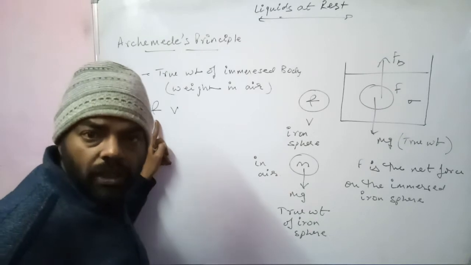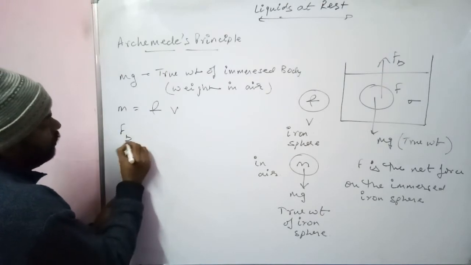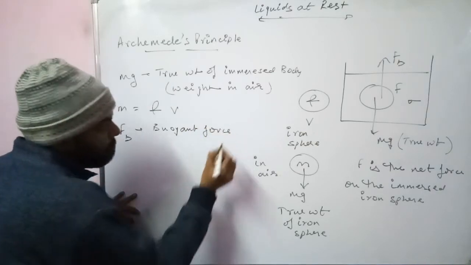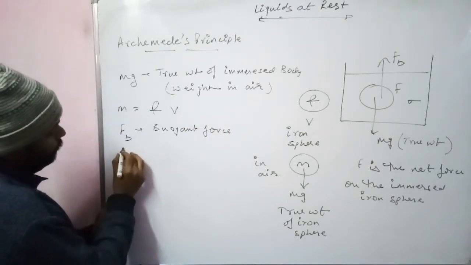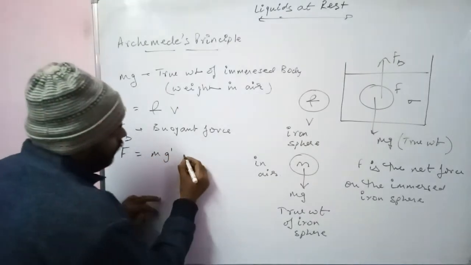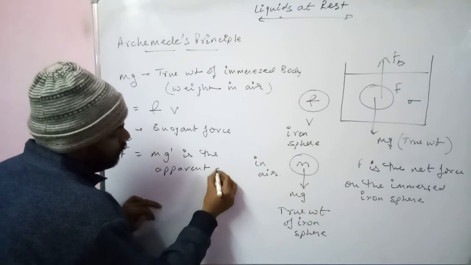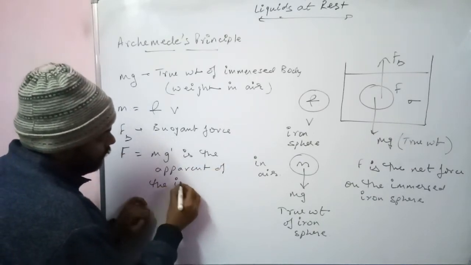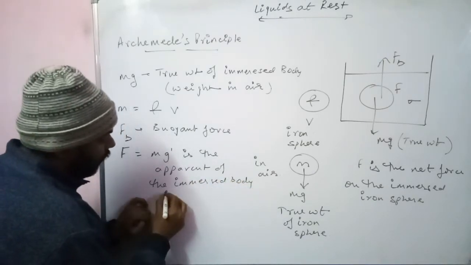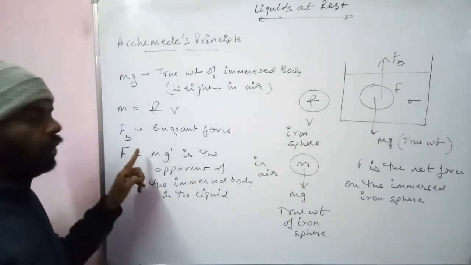So this rho is the density of the iron sphere, V is the volume of the iron sphere, this Fb is the buoyant force, and this capital F, which will be equal to mg dash, is the apparent weight of the immersed body in the liquid. Got it? बात समझ आ गई?